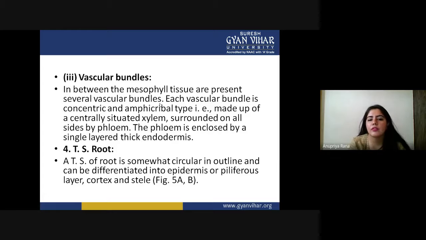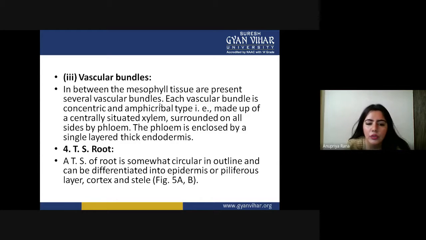Each vascular bundle is concentric and amphicribal, made up of a centrally situated xylem surrounded on all sides by phloem. We don't need much xylem, that's why it is centrally placed, but we need phloem here because phloem is the transporting agent for food transportation.